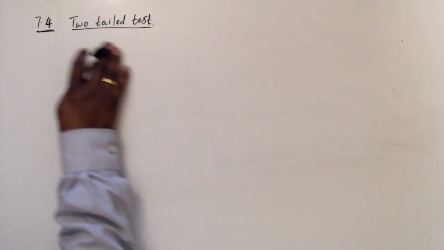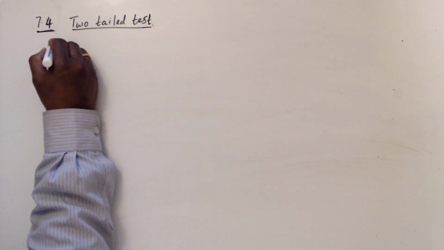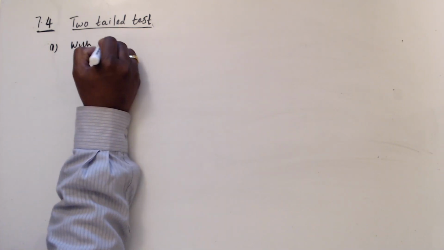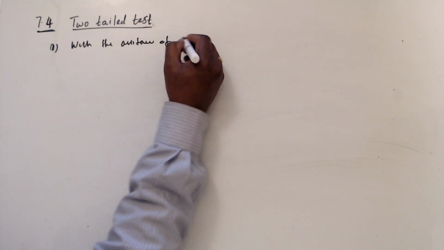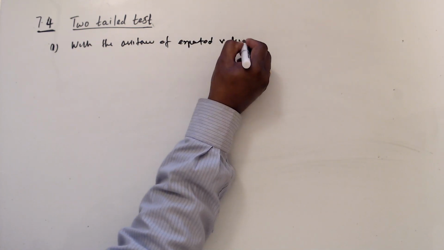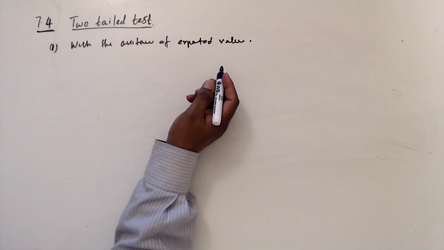This two-tail test we can actually find in two ways. The first way is with the assistance of the expected value, and the other is without the assistance of the expected value.